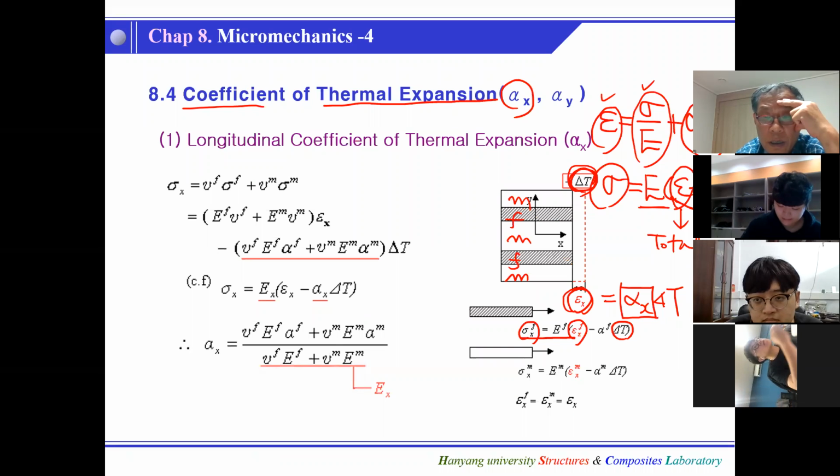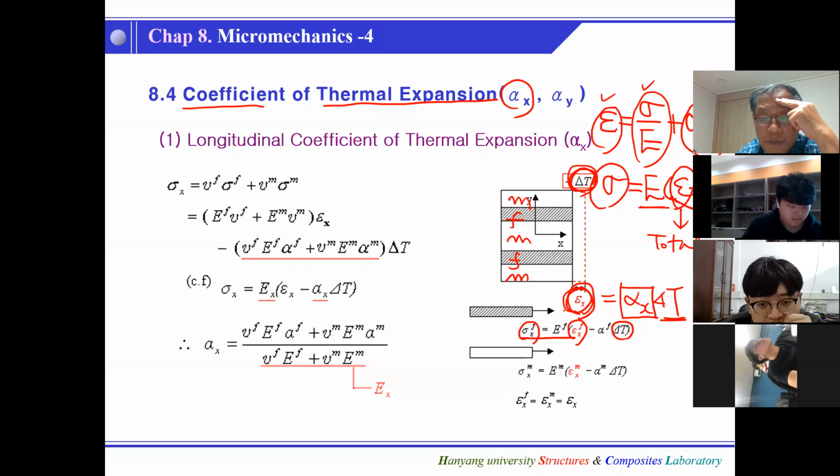So here, the definition of alpha x, the CTE in the x direction, is the ratio between the x directional strain and delta T. Delta T is the temperature increment for this UD ply. Now let's take a look at each constituent.